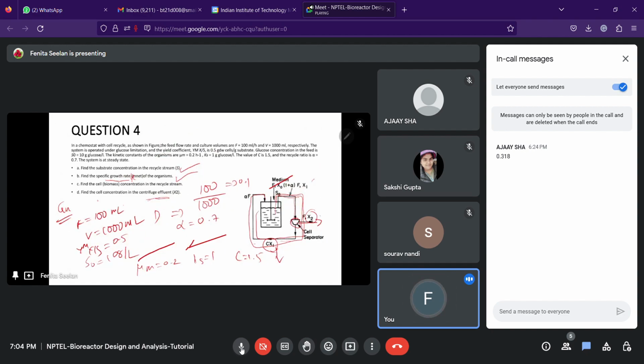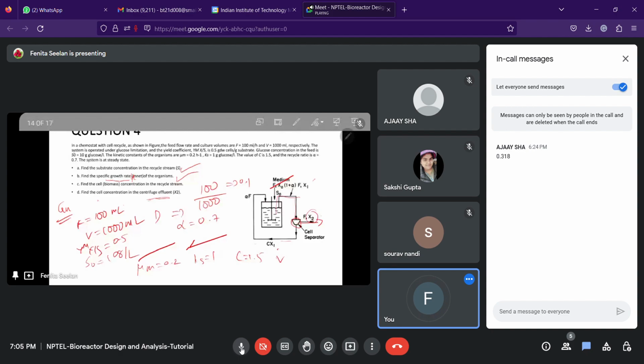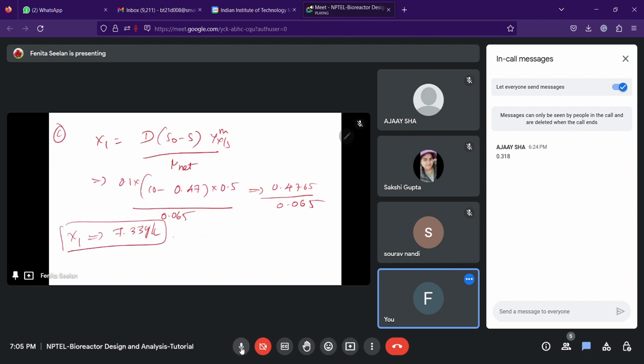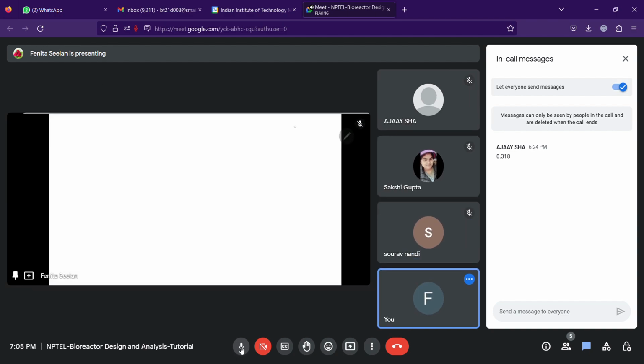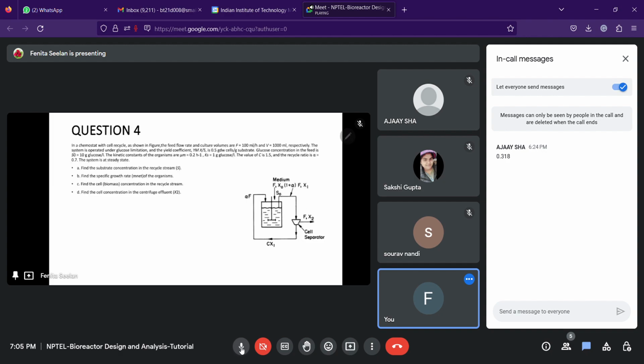You can do a mass balance around the concentration. 1 plus alpha into x1 is being taken out.